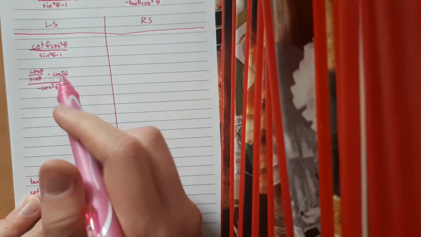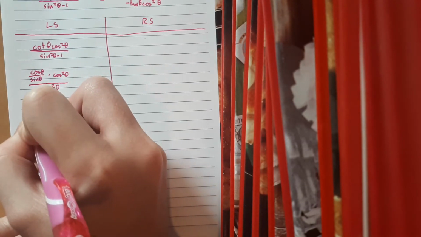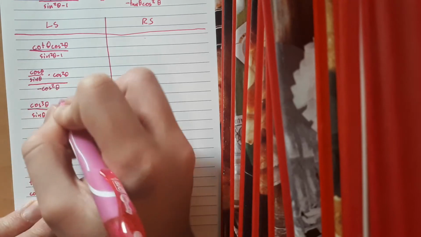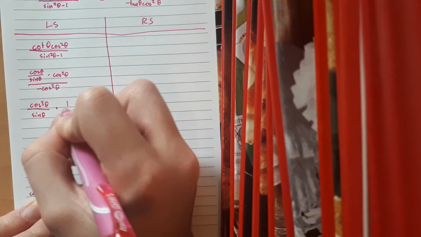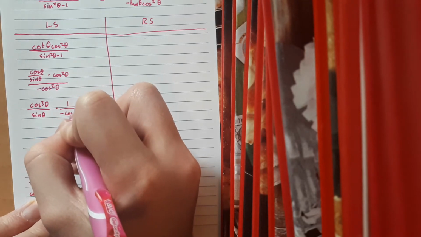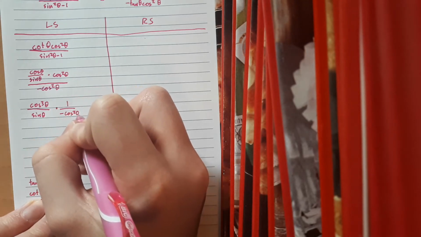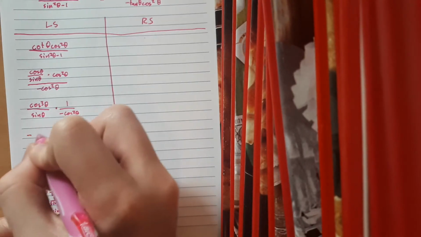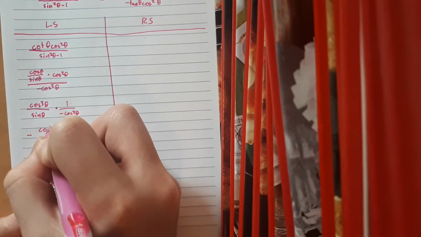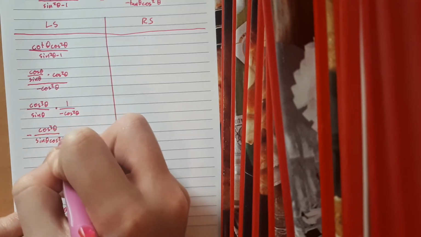Cos theta times cos squared theta is equal to cos cubed theta over sine theta. And we're going to multiply that by the inverse of this, which is 1 over negative cos squared theta. So multiplying these together, we get negative cos cubed theta over sine theta cos squared theta.